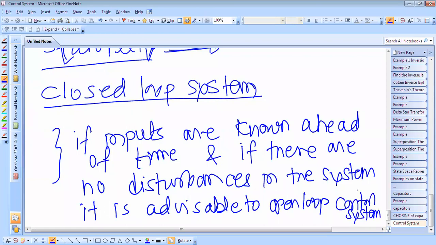Okay. Because we know what input we are giving to the system, and we know that there are no disturbances in the system, it is advisable to use the open loop control system.